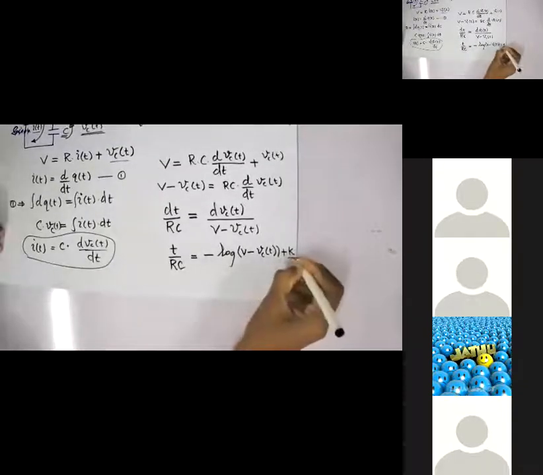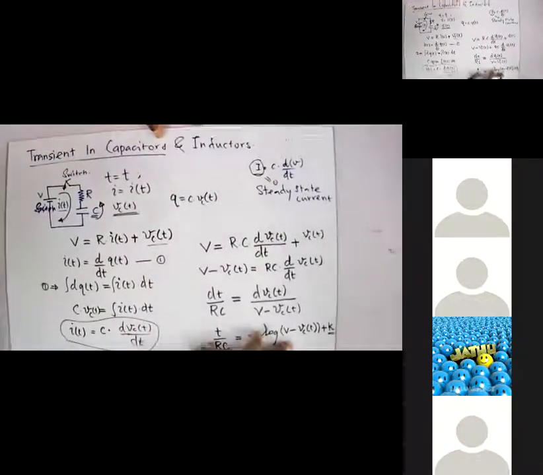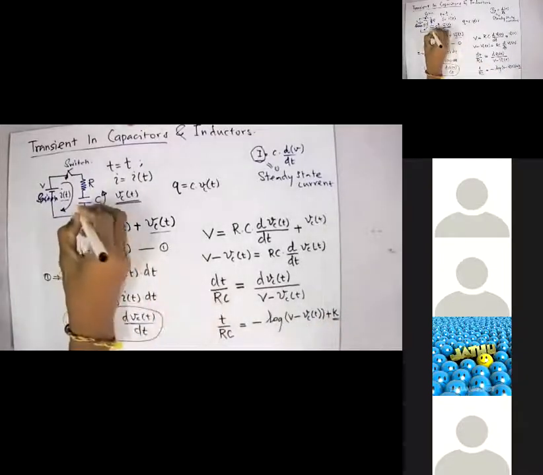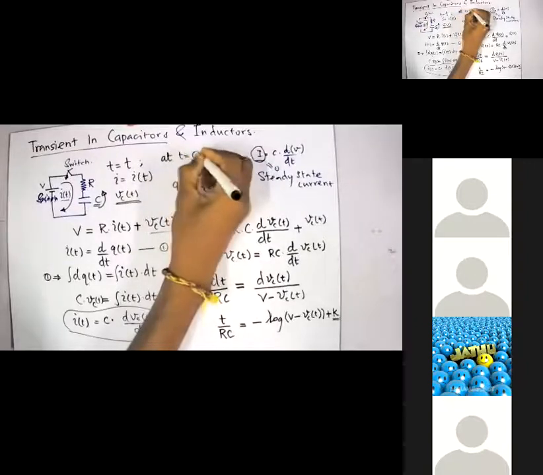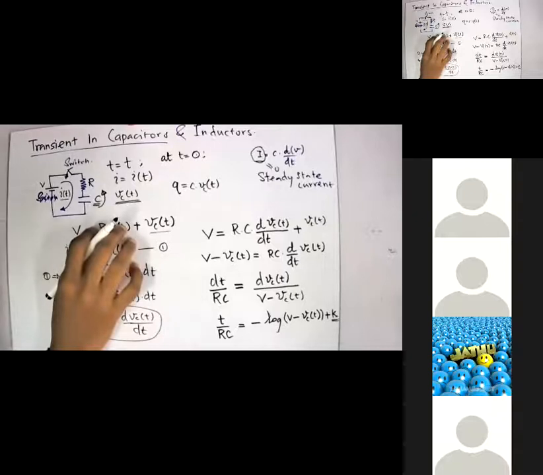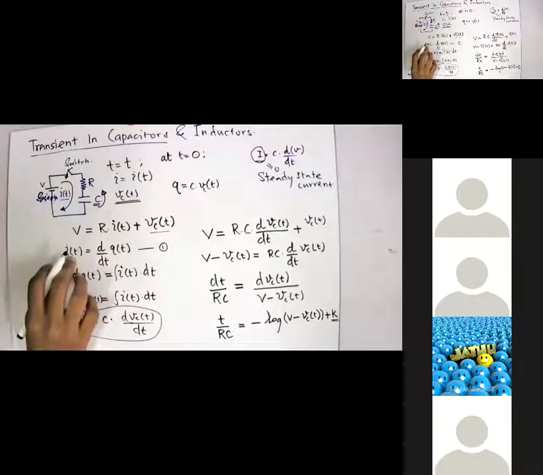So now we need to define the integration constant k. Look at here, at t equals 0 seconds. What is the current? What is I of t? When t equals 0, then what is the current through the circuit?